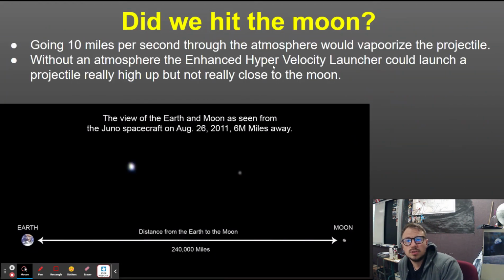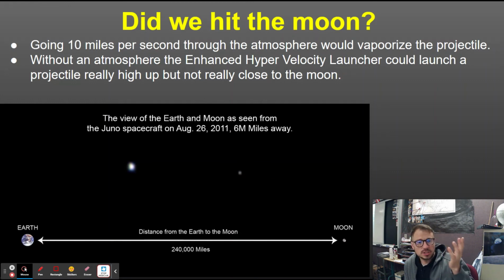Now, if you were to fire the enhanced hypervelocity launcher, this is something governments use to test the hulls of spacecraft, because orbital velocity is very fast. It's like 17, 18,000 miles per hour, and they need to test what would happen if a spaceship hit something going that fast.